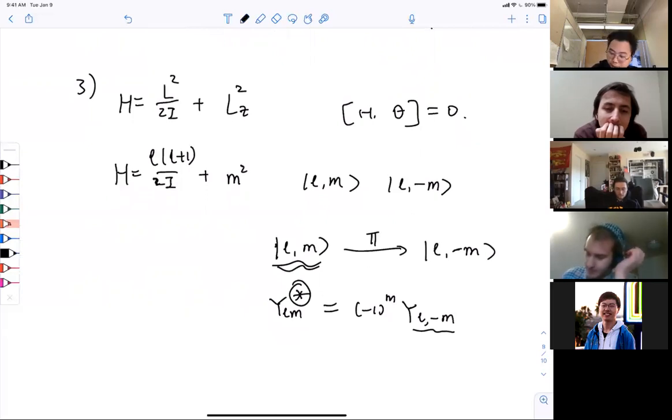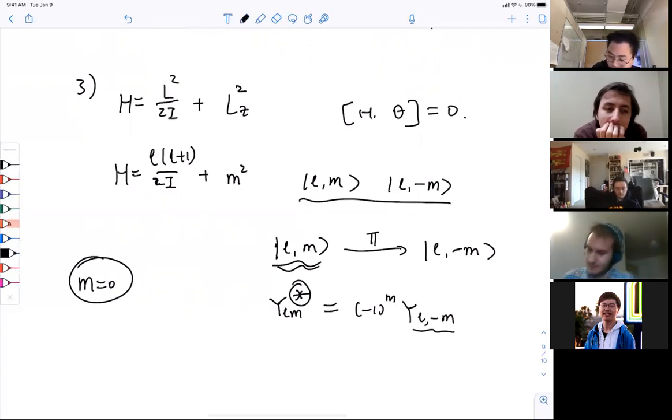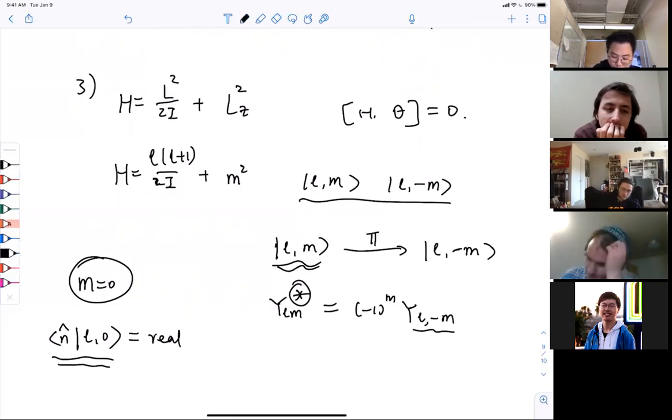And of course, when m equals 0, there's no degeneracy, and Y_l0 is a real function. If you look up the table for the spherical harmonics, this is real.